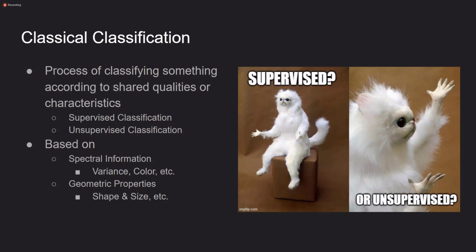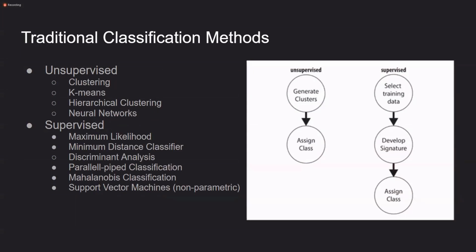Our classifications for Earth observation are based on spectral information, and with object-based image analysis, we can integrate geometric properties such as size and shape.